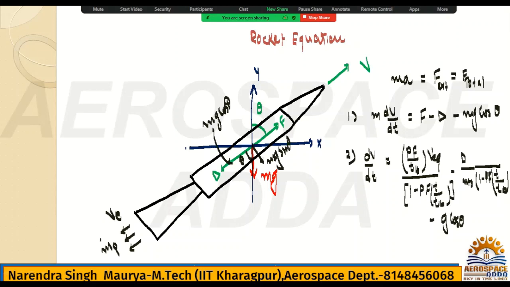And as per Newton's second law, force is equal to mass into acceleration. So mass into acceleration you can write dv by dt, and it is equal to external forces. So it is F minus D minus mg cos theta. All right.